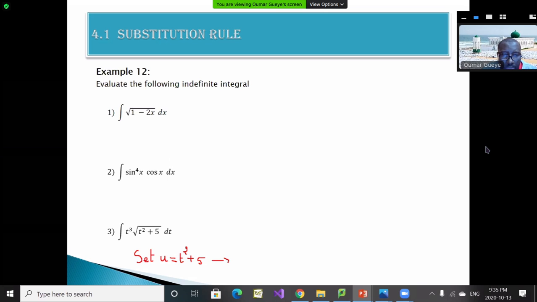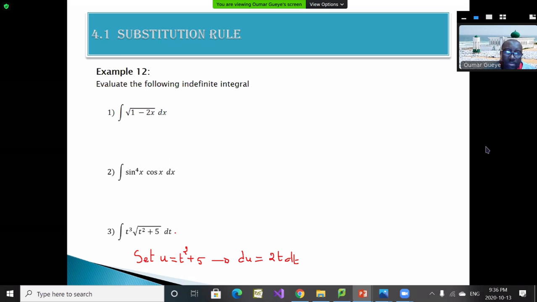So du is going to be the derivative of this, which is 2t, exactly, times dt. And now you're ready to substitute.